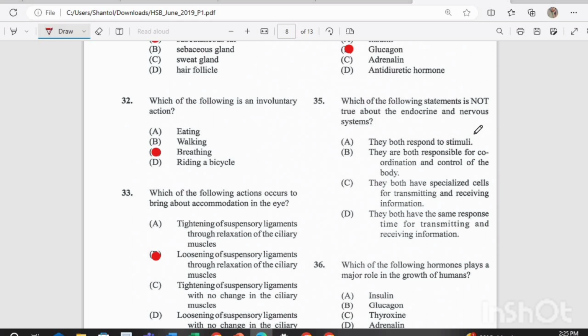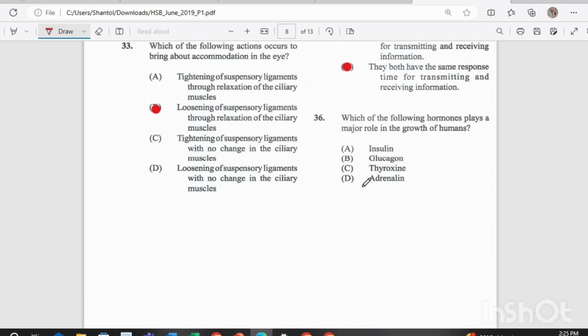A, they both respond to stimuli. B, they are both responsible for coordination and control of the body. C, they both have specialized cells for transmitting and receiving information. Or D, they both have the same response time for transmitting and receiving information. The answer is D. They do not have the same time frame.